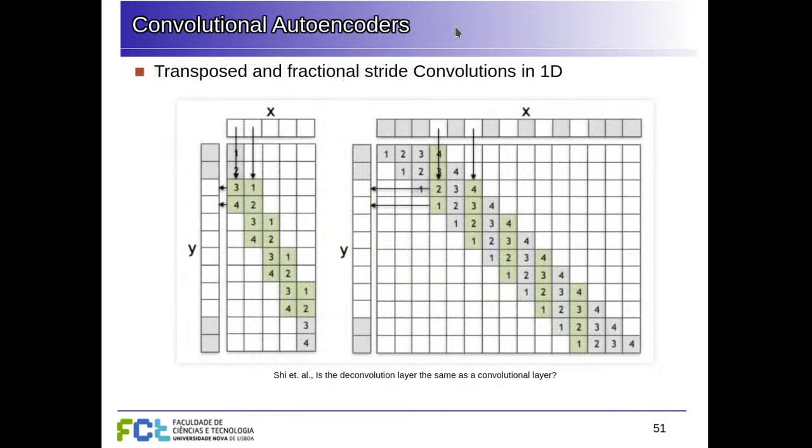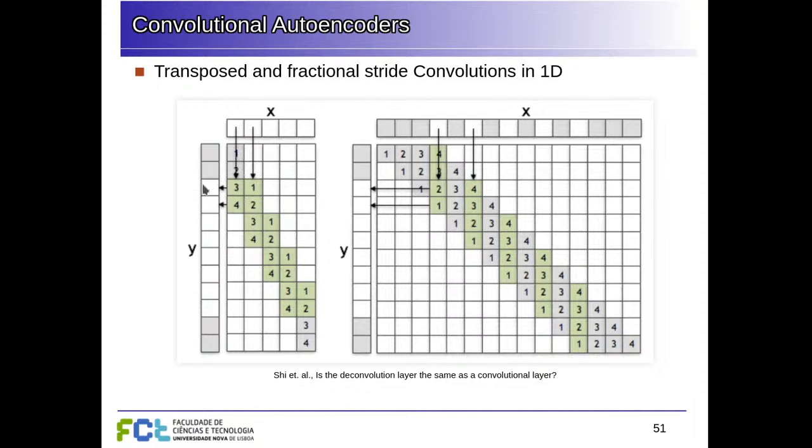If we want to do the opposite, go from a smaller vector to a larger vector, we can do different things. One thing that we can do is to use transposed convolution. We have the input here, and we can imagine that we are transposing the way we are doing the convolution. So instead of sliding the kernel over the input, we are sliding the kernel over the output, and we are adding these operations.